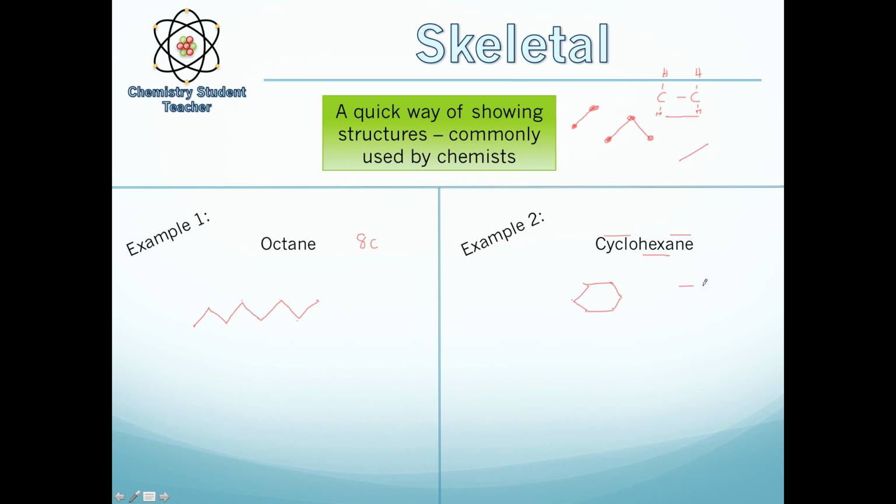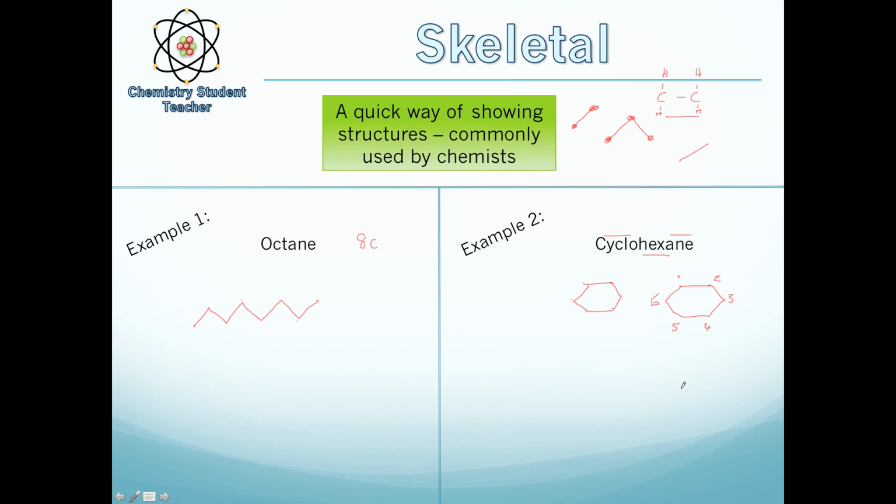I'll draw that out, 1, 2, 3, 4, 5, 6, and you just join it back up because it's cyclo. That shows your 6 carbons, cyclohexane.